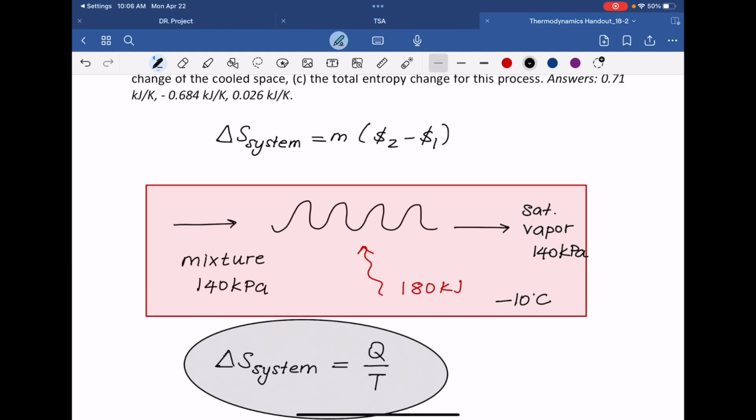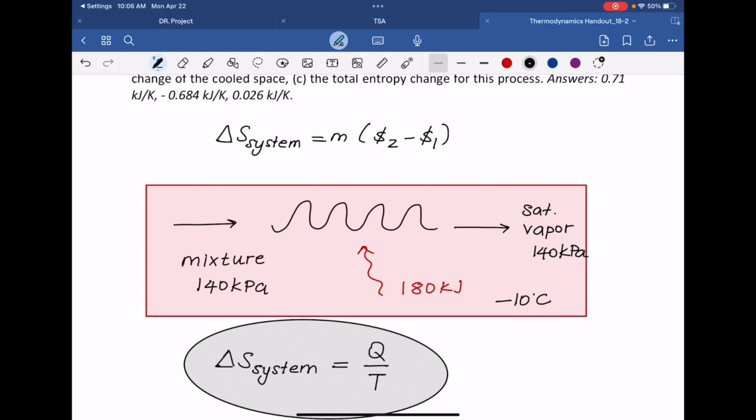And then we can find out what temperature that is from the tables. And we can figure out the system's entropy change using this relation. And this can also be applied to the surrounding, in that case the cooled space. And especially when they are giving you the amount of heat interaction, that's kind of a hint that this equation is possible to use.